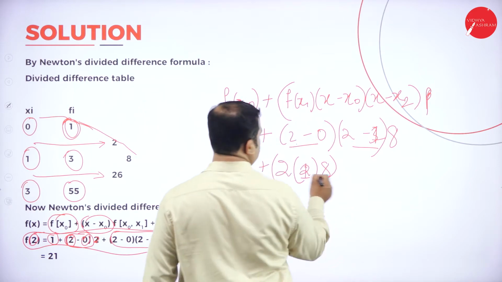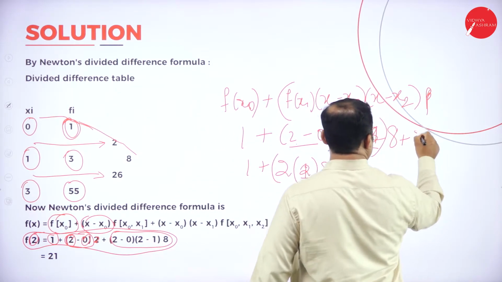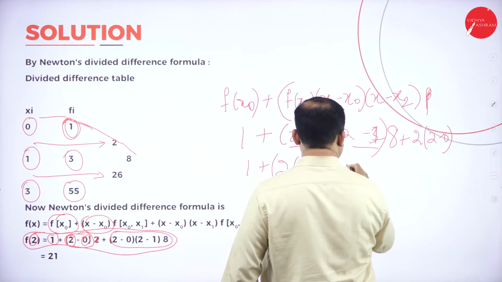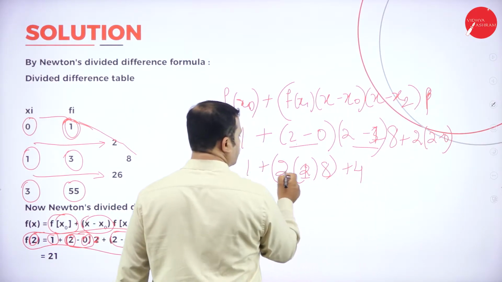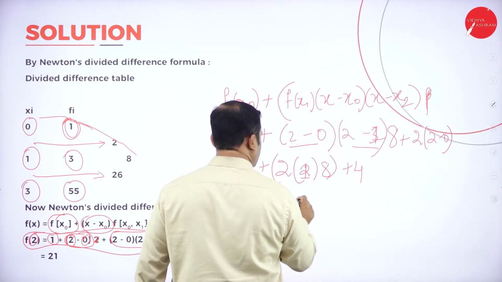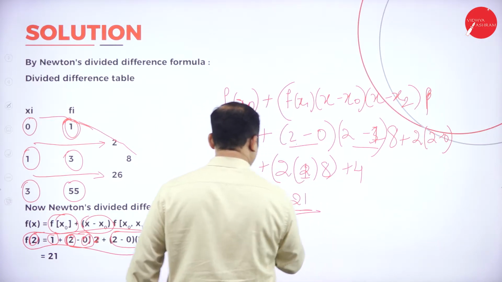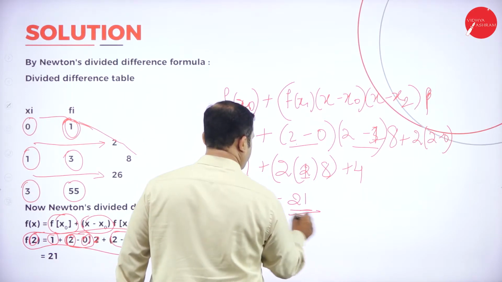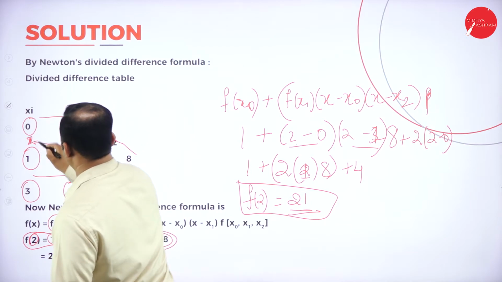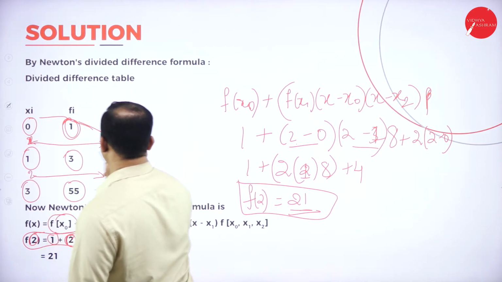So 2 minus 0 plus 2 into 2 minus 0. That is 2. That is, this becomes 4. So totally it becomes 16 plus 1, 17, 17 plus 4, 21. So this is the value of f of 2. That is, f of 2 is equal to 21.